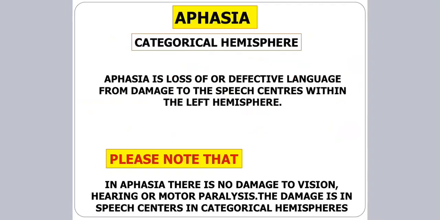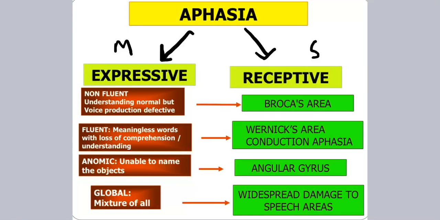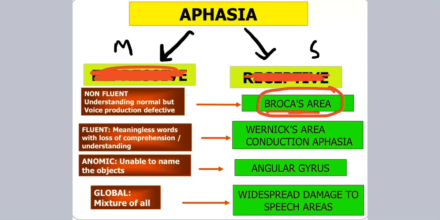In these different types of aphasia, it can be either the expressive one or the receptive one; receptive is sensory and expressive is motor. If different areas are affected, what kind of defect will there be? If Broca's area is getting affected, what is happening with the person?